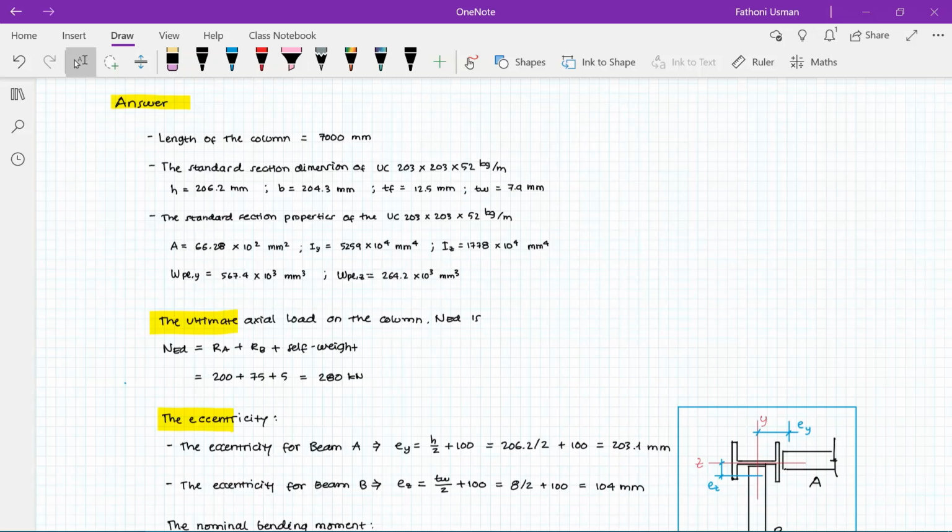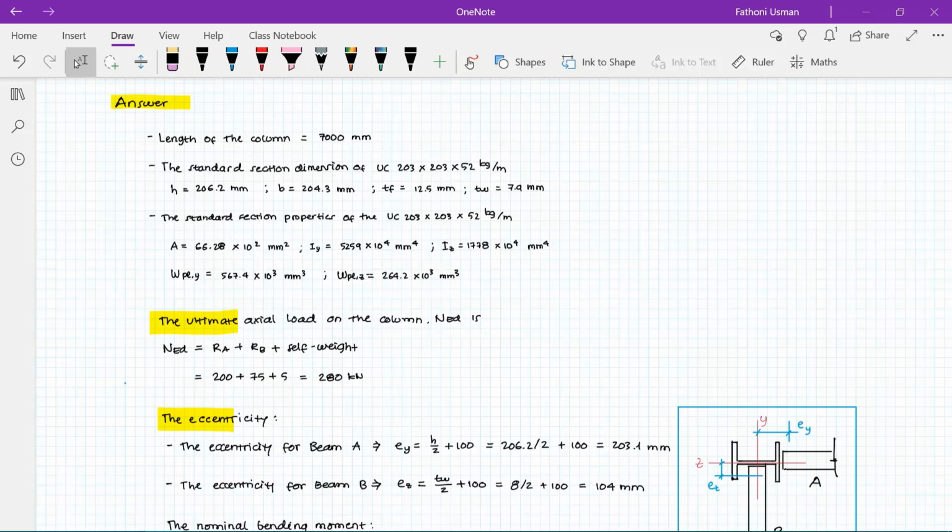Then the standard section properties of the UC 203, 203, 52 kilogram per meter: the overall cross-section area A is this value, 66.28 times 10 power 2 millimeter squared, Iy and Iz.